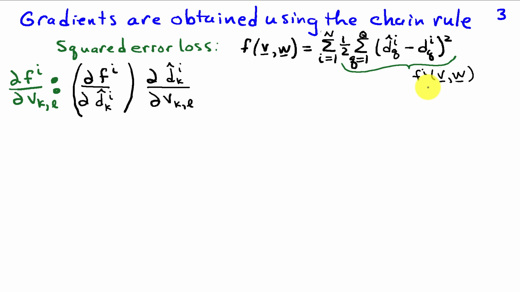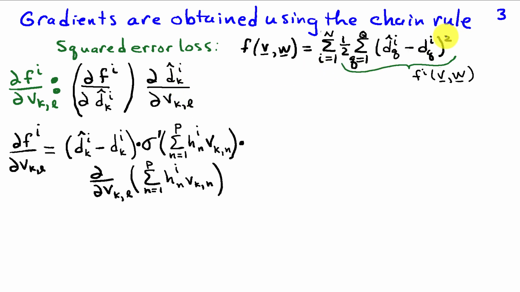So we'll apply the chain rule and find the gradient of the cost with respect to the weights in the output layer, the v's, by writing that as the gradient of the cost with respect to the output labels times the gradient of the output labels with respect to the weights.